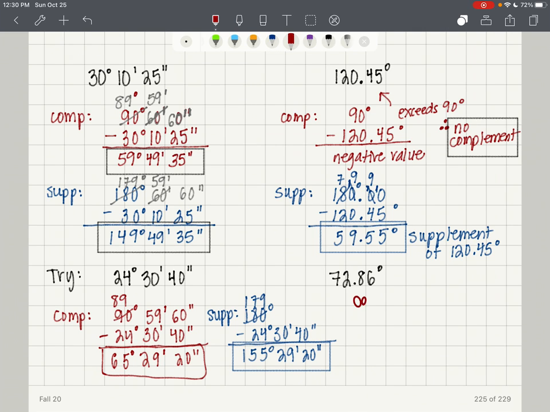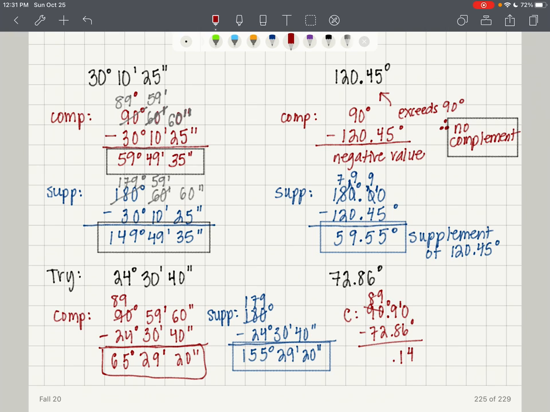Our complement for our decimal degrees, to save room, I'm just going to put a C right here. And we'll have 90 degrees minus 72.86 degrees. So that's going to be 89, 9, and then 10.